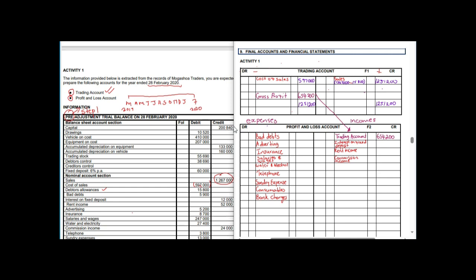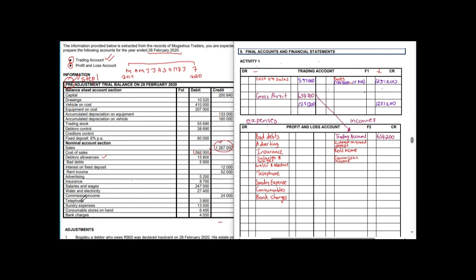So what I did was go to my pre-adjustment trial balance and take all my incomes, such as interest on fixed deposit, rent income, and commission income, recorded under my credit side. My credit side is all about the incomes of the business. It is positive, while the expenses are illustrated by a negative sign.